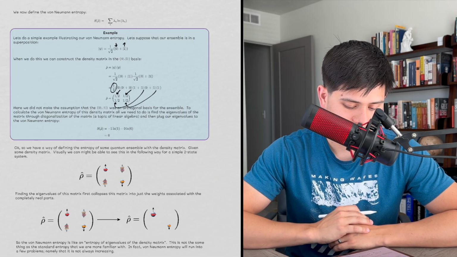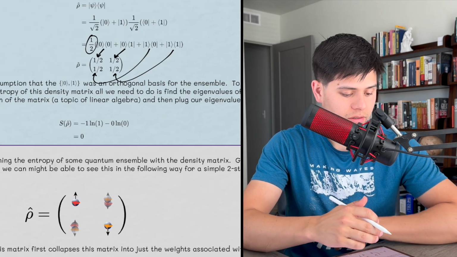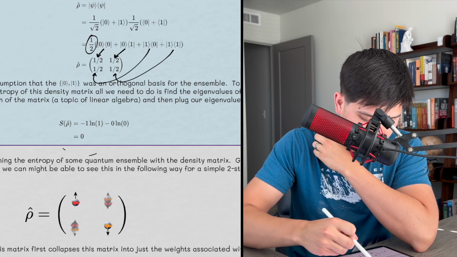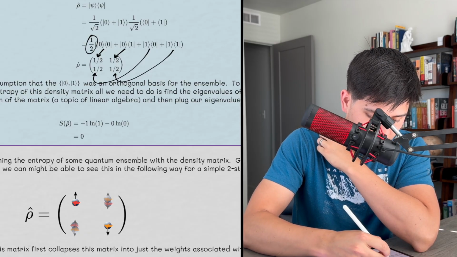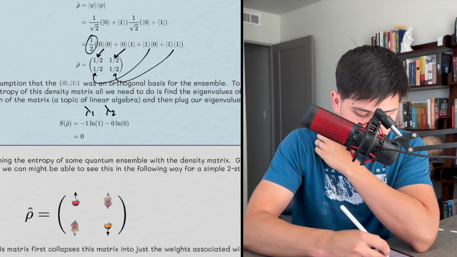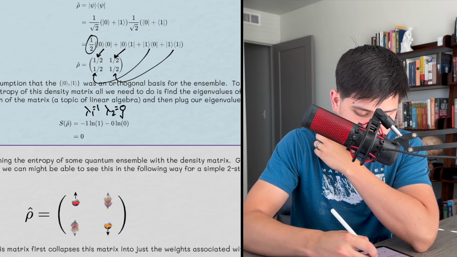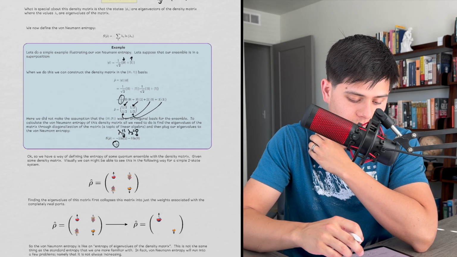Then we plug our eigenvalues into the von Neumann entropy. Our eigenvalues for this matrix are 1 and 0, lambda 1 and lambda 2, and we plug these into our von Neumann entropy and get that the von Neumann entropy is 0 for this system.